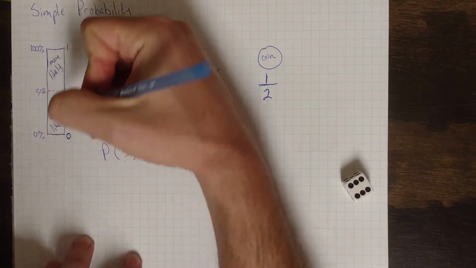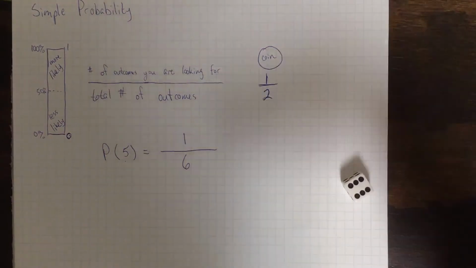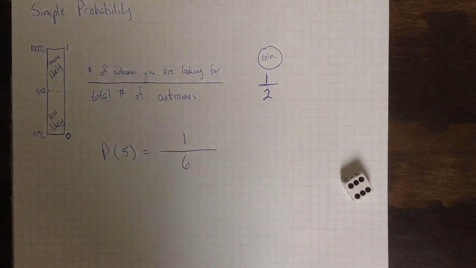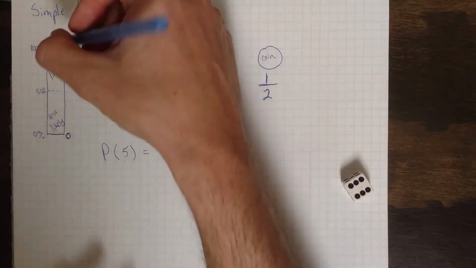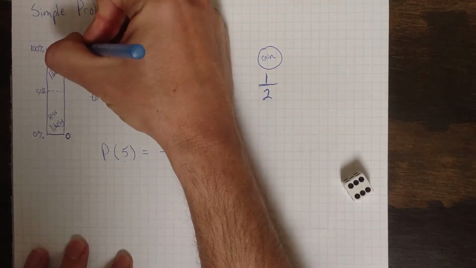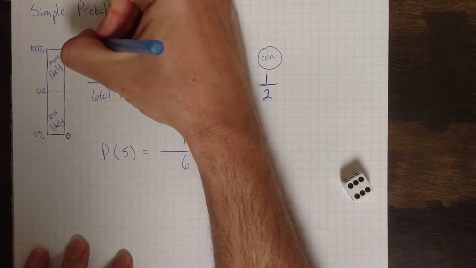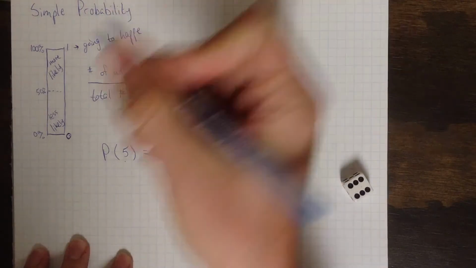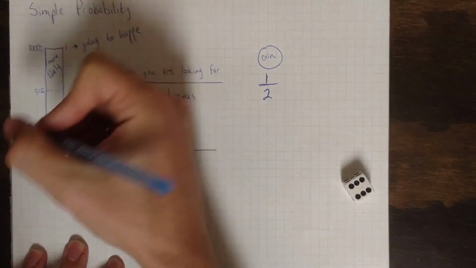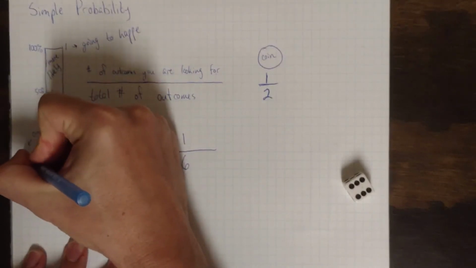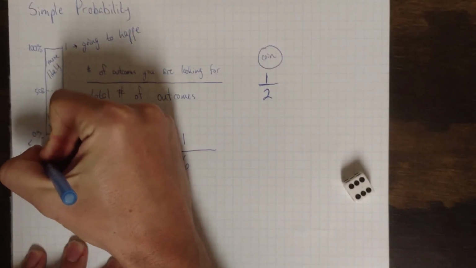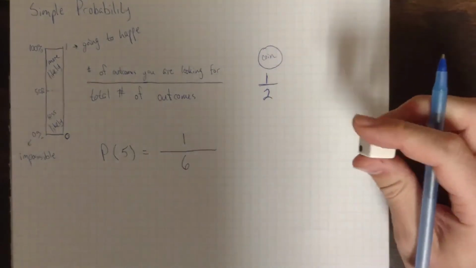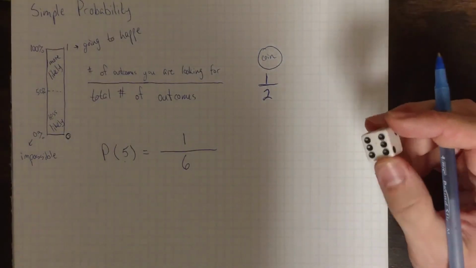The higher your percent, the bigger your fraction, the closer to 1 you are, the more likely it is to happen. If something has a 100% probability, that means it's absolutely going to happen. You can't have more than 100% because this means it's going to happen. And then a 0 means this is impossible. So the chance that I roll a 7 on a 6-sided dice, impossible, 0%, right?